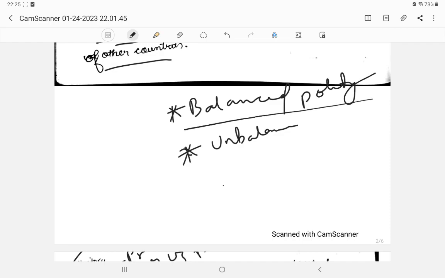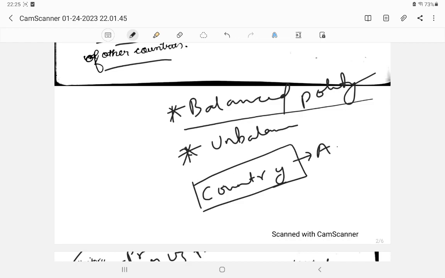Balanced polity means a country whose administrative setup is balanced. It means this country has a stable government, and its administrative setup is on par, working properly.